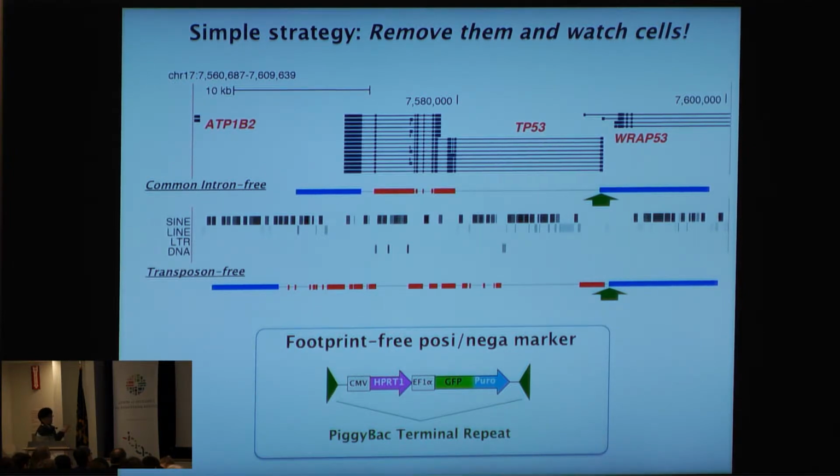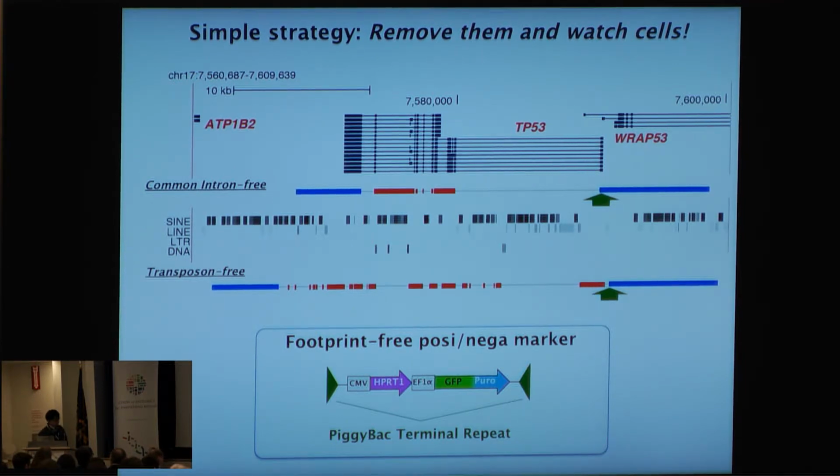Actually, the Harvard group, including Dr. Church, already published this kind of marker, which uses the piggyBac DNA transposon sequence, the piggyBac terminal repeat. So once we have that marker in the living cells, by overexpressing the piggyBac enzyme, you can eliminate the whole marker without any scar.